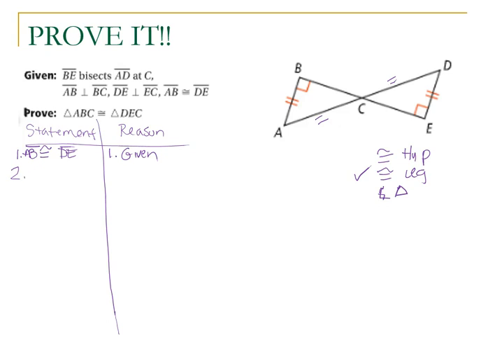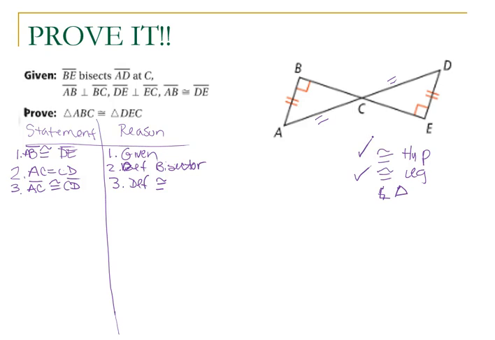Bisecting means it divided AD into two equal parts. So that means that AC is equal to CD, and that's the definition of a bisector. But I need to show them congruent, so let's just say AC is congruent to CD, and that's by the definition of congruence. Okay, I've met my second criteria.